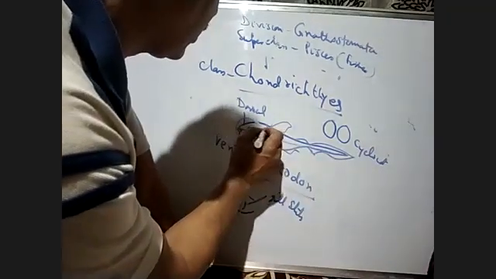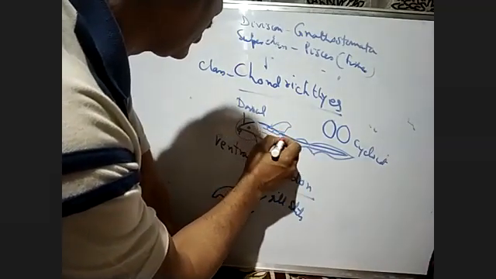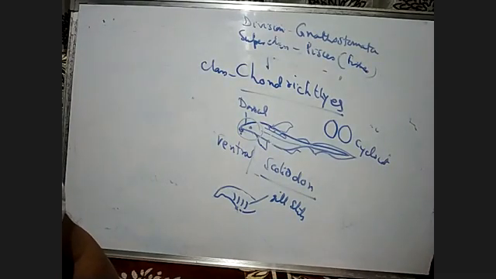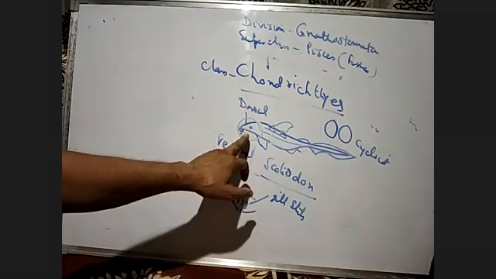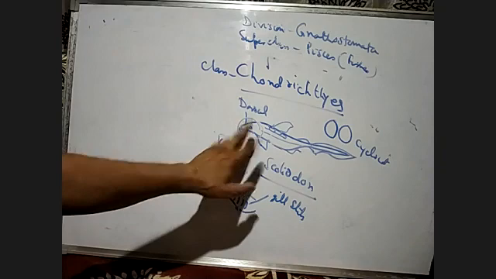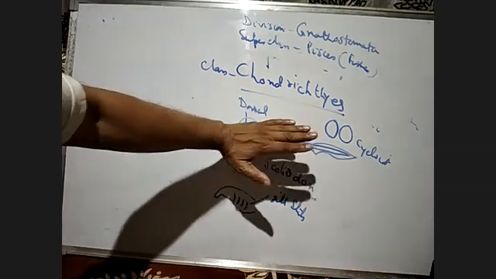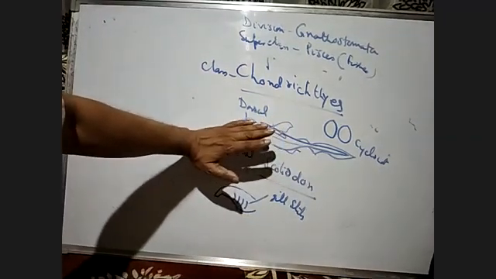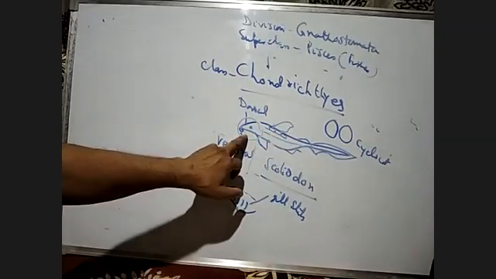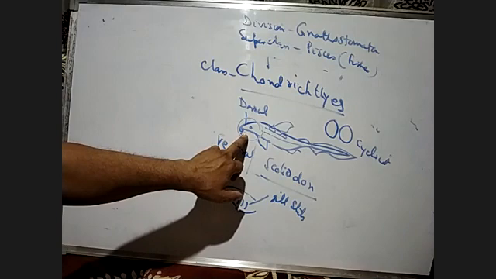The teeth are modified placoid scales, which are directed backward, and their jaws are very powerful.